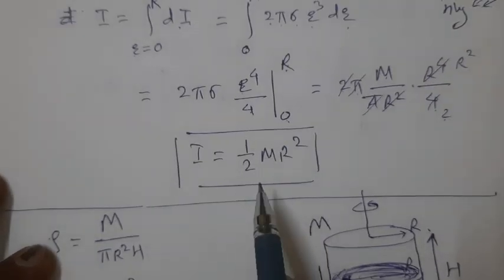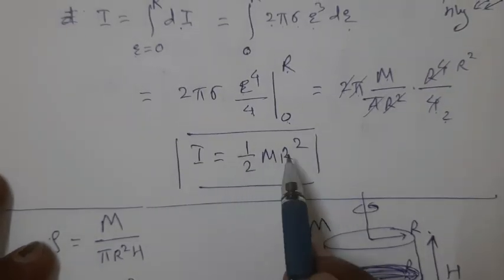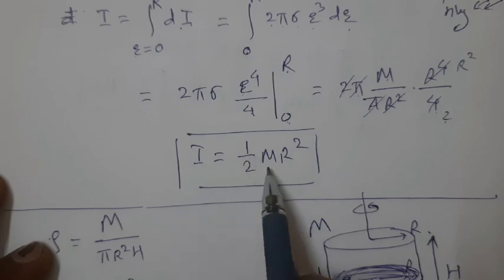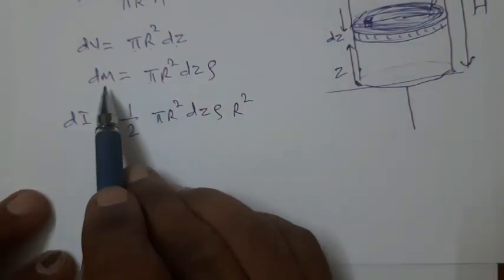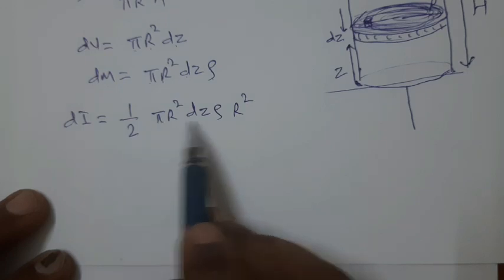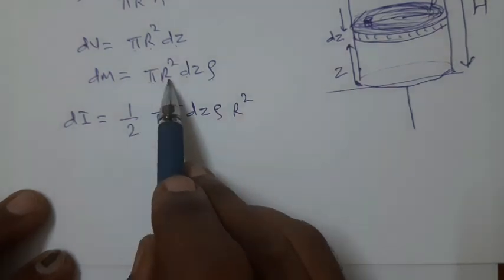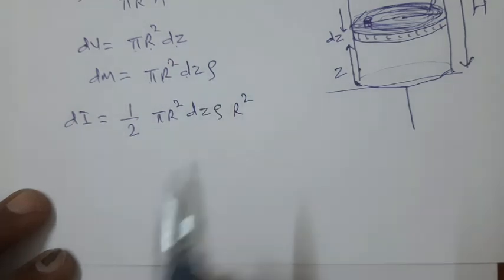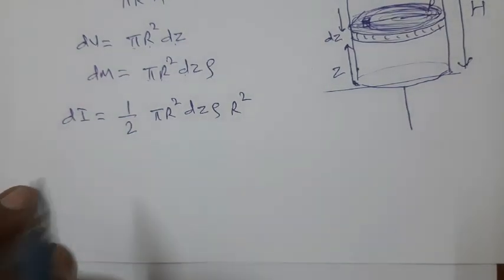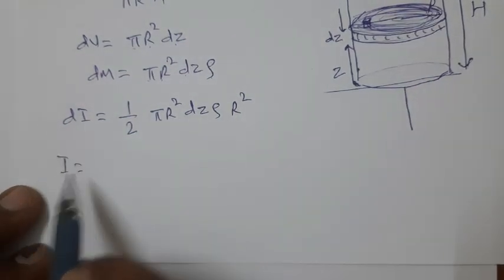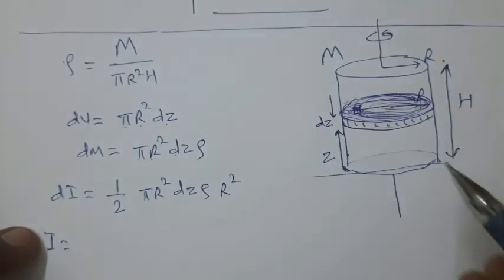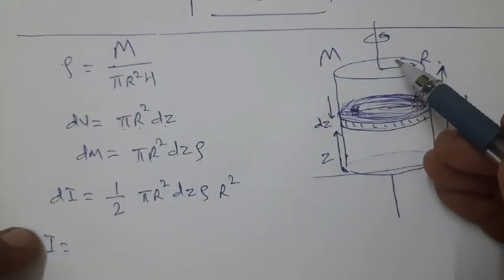Now we have derived the formula for the moment of inertia of a disk. See, it is half mass of a disk into square of the radius. Here the mass of the disk is dm and therefore it is dm into r square, but I have used the formula for dm as pi r square dz into rho. Okay. To consider the moment of inertia of the entire cylinder, what will I have to do?